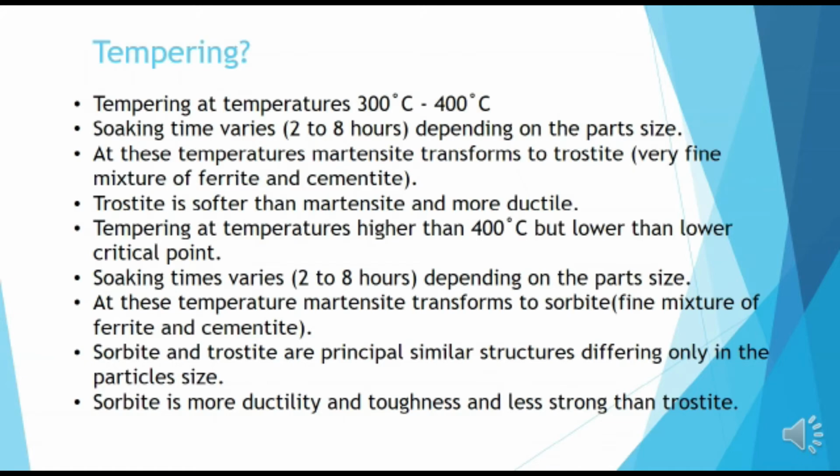Tempering at a temperature higher than 400 but lower than the critical point will produce sorbite. The soaking time is 2 to 8 hours depending on the part size. Sorbite and troostite are principally similar structures, differing only in particle size. Sorbite has more ductility and toughness and is less strong than troostite.